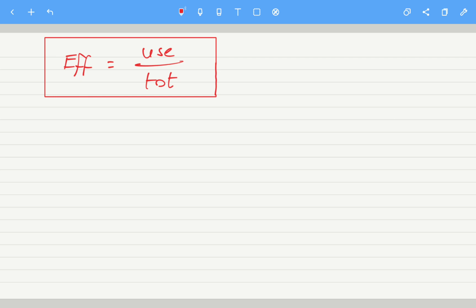So the equation: efficiency is useful divided by total. What I'm going to do is to show you how to rearrange it. So if you want the useful energy, we need to get rid of the divide by total, and the only way to get rid of divide by total is to times by total. So efficiency multiplied by the total input energy would give us the useful.